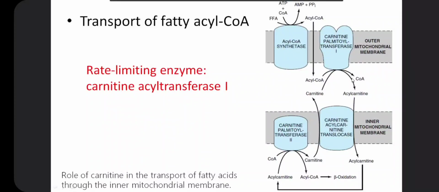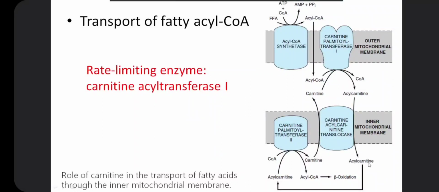and then this fatty acyl carnitine complex is transported across the inner membrane into the mitochondrial matrix. This translocation is carried out by a translocase located in the inner mitochondrial membrane. After entering the matrix, the carnitine is released, and the acyl group is transferred back to coenzyme A by the enzyme carnitine acyl transferase 2, which is located in the inner mitochondrial membrane.